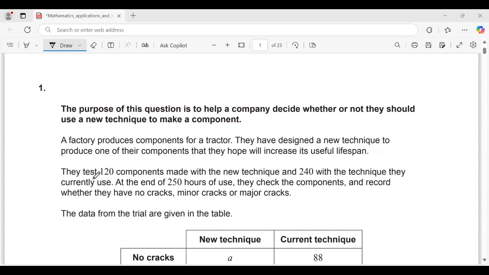They test 120 components made with the new technique and 240 with the technique they currently use. At the end of 250 hours of use, they check the components and record whether they have no cracks, minor cracks, or major cracks. The data from the trial are given in the table.